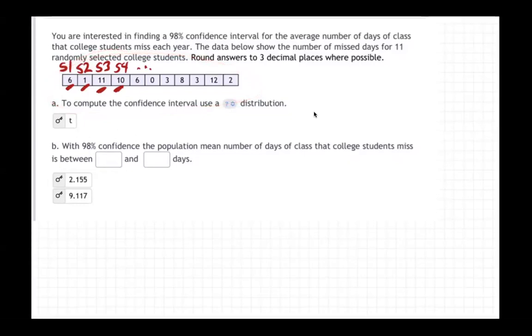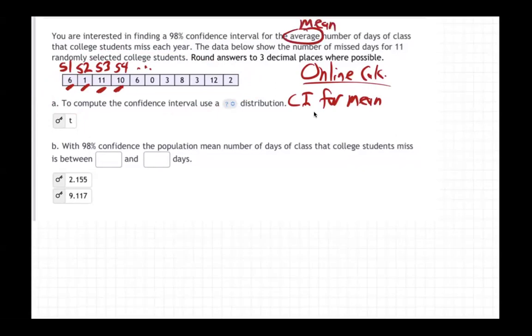So where are we going to go on the online calculator? We're going to go to confidence interval for a mean. How do we know it's a mean? Because it says average. Average is the same as mean. There's confidence interval for mean, and there's confidence interval for proportion or percentage.